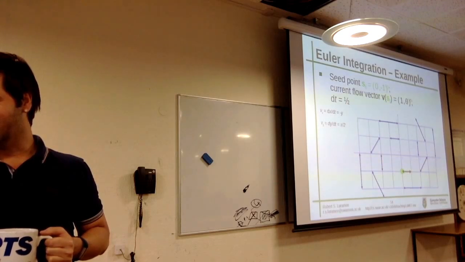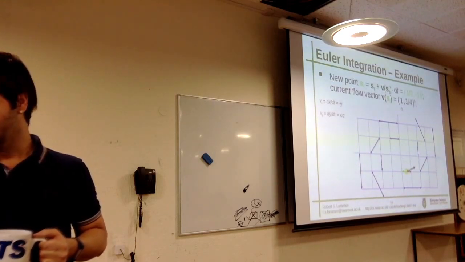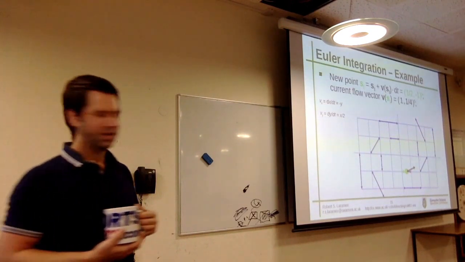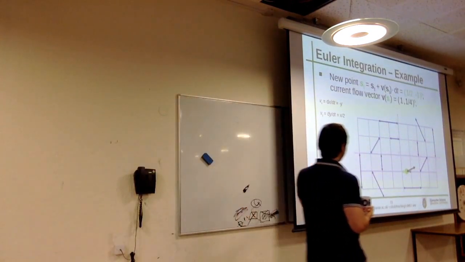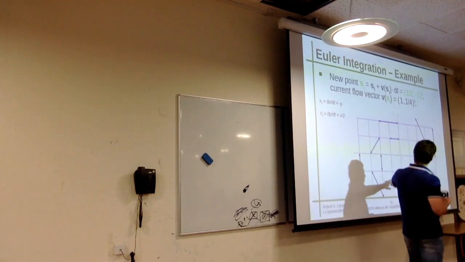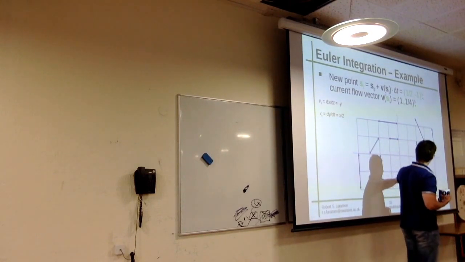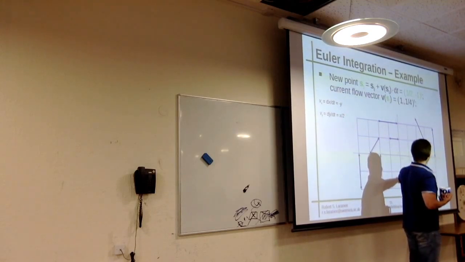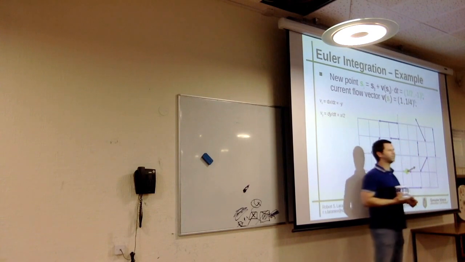And then 1/2 times 0 is 0. So that's the next point on the streamline. So we add the 1/2, 0. So we started here, and then we add a half unit in the x direction and 0 in the y direction. And we have the next point on the streamline.